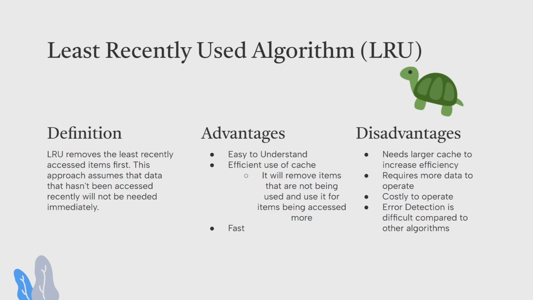One of the disadvantages of the LRU algorithm is it needs a larger cache to increase efficiency. This can be costly to operate, and it requires more data to operate. And in terms of error detection, it is difficult compared to other algorithms.